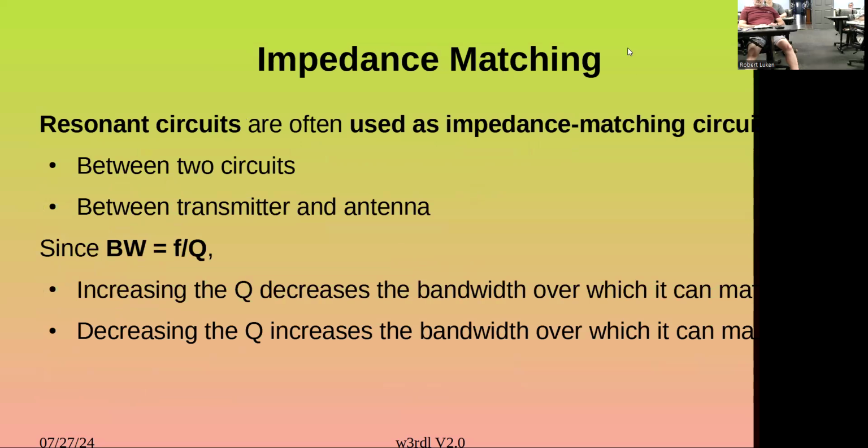You can use these resonant circuits for impedance matching.